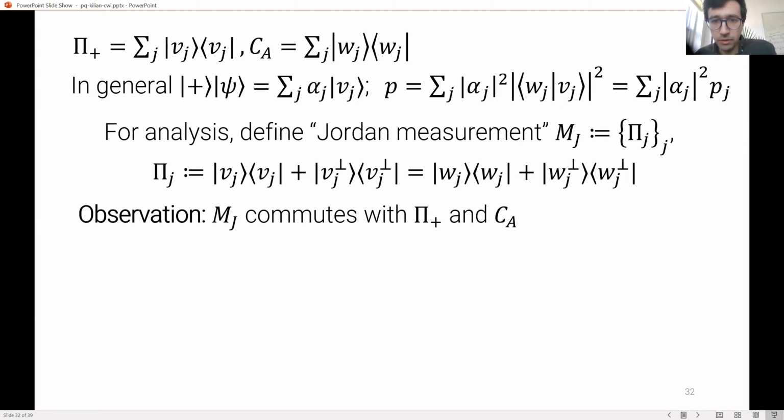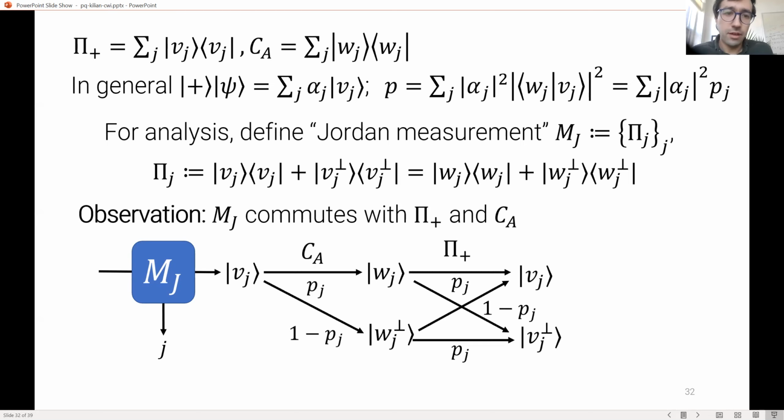So this measurement commutes with every measurement that we make during the procedure, which means that if you make the measurement at the end, then obviously it can't affect the distribution of outcomes, and so because it commutes with everything, we can commute it to the beginning of the procedure, where it still does not affect the distribution of outcomes. And after we make this measurement, then we're in the state Vj, if we get an outcome J for this measurement. And then we can apply the previous analysis.